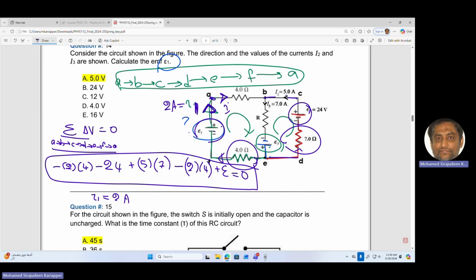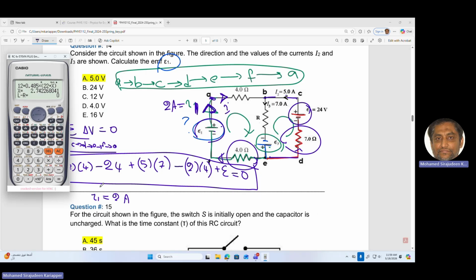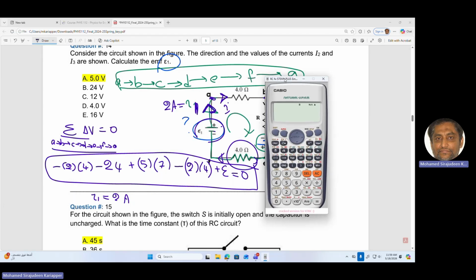So you take your calculator. Let's do it. Where is my equation? Just put this in. You can put the negative sign because that happens to be the first term. 2 multiplied by 4, then you subtract 24, then plus.